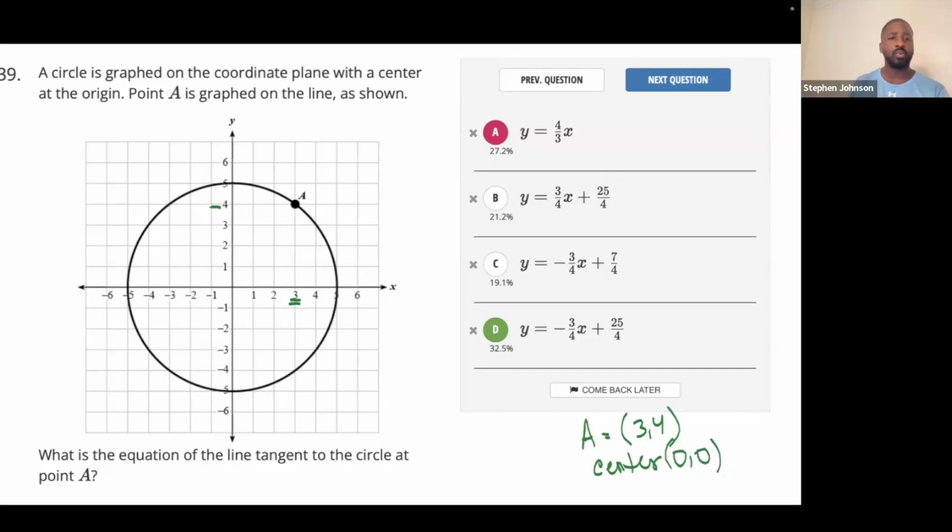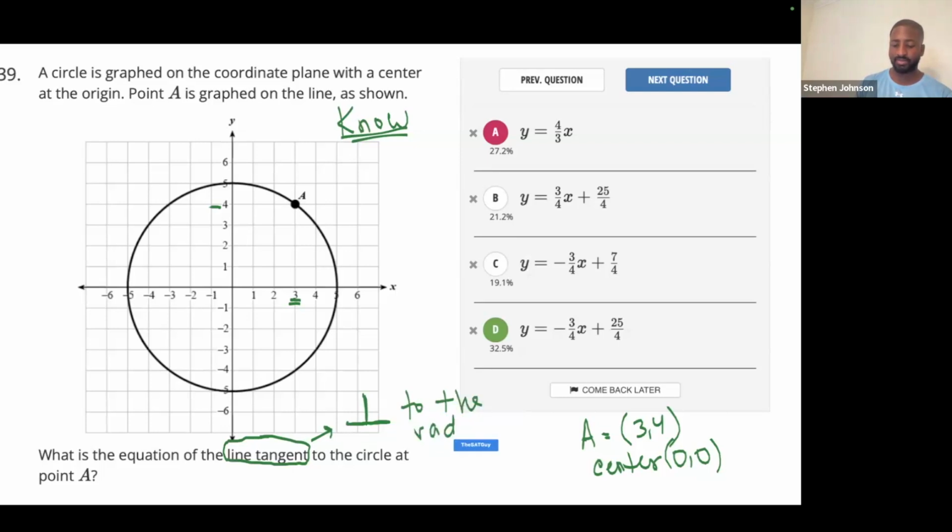Then the question goes on to say, what is the equation of the line tangent to the circle at point A? All right, so more knowledge, okay? So this is good. More knowledge going on here. What you should know is that a tangent line is always going to be perpendicular, so I'll just draw the perpendicular symbol, perpendicular to the radius at the point of tangency.